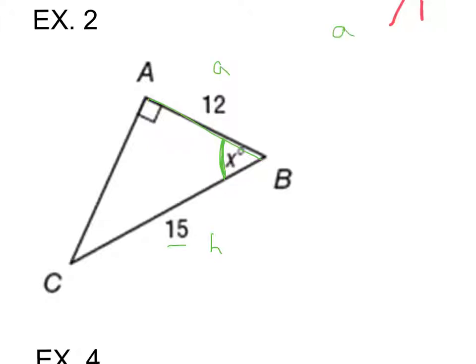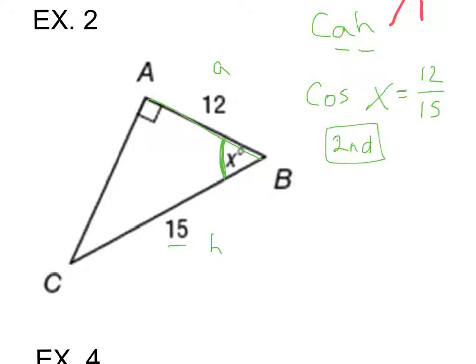So which ratio uses adjacent and hypotenuse? As far as SOHCAHTOA, that would be the cosine ratio. So we're going to find the cosine of x, and that's going to be equal to my cosine ratio of adjacent over hypotenuse, which is 12 over 15. And you'll remember this is where I use the second button, and I hit cosine, because when I'm trying to find my angle, I use the inverse.